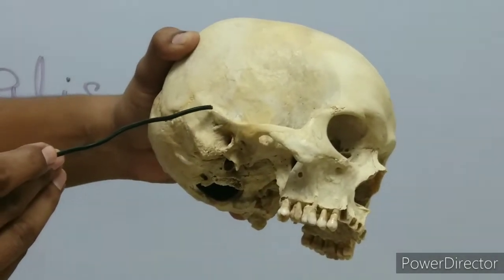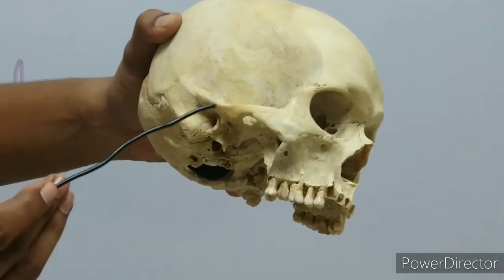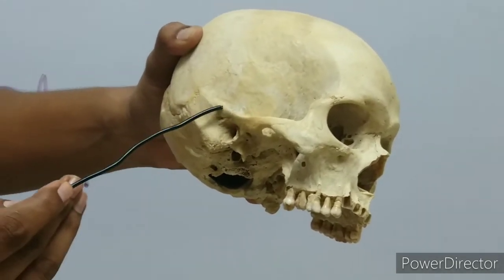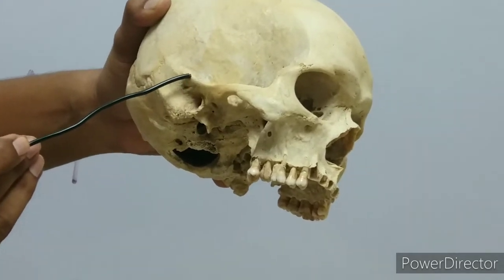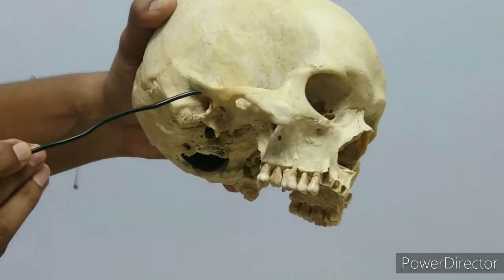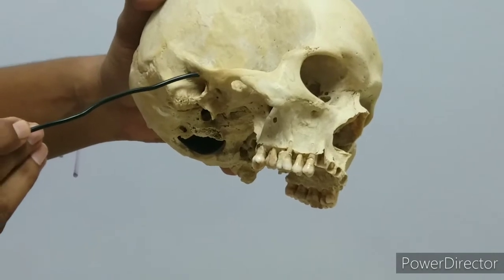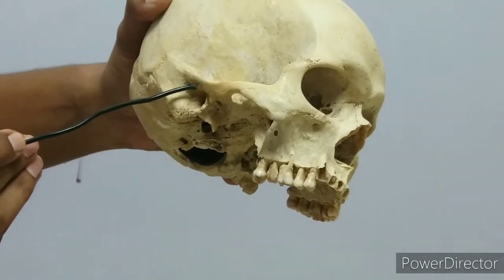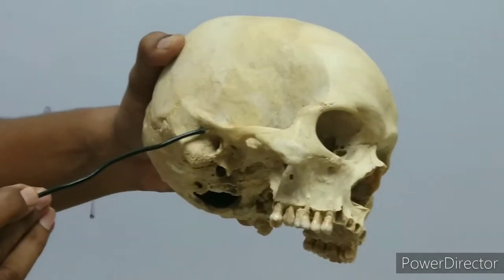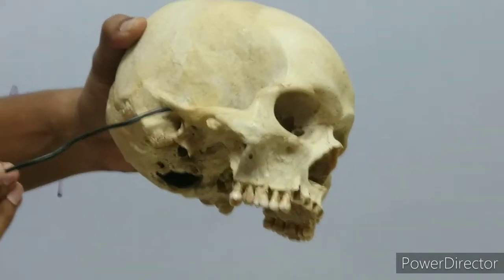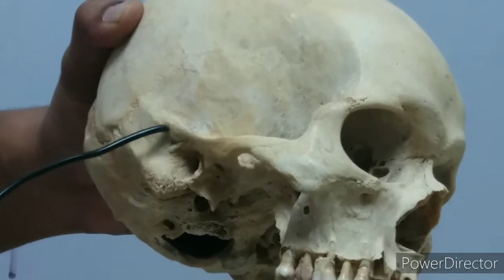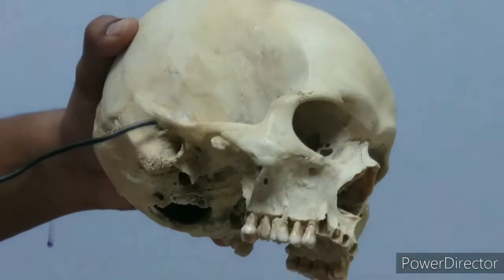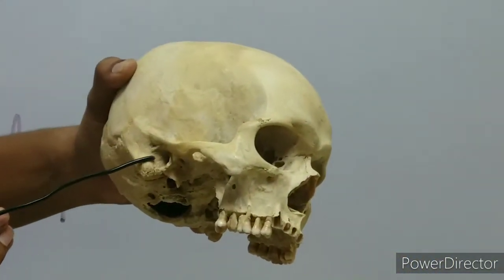So it is bounded above by the supramastoid crest. In front it is bounded by the postero-superior margin of the external meatus, and posteriorly by drawing a vertical tangent. Okay, so that is about the suprameatal triangle.